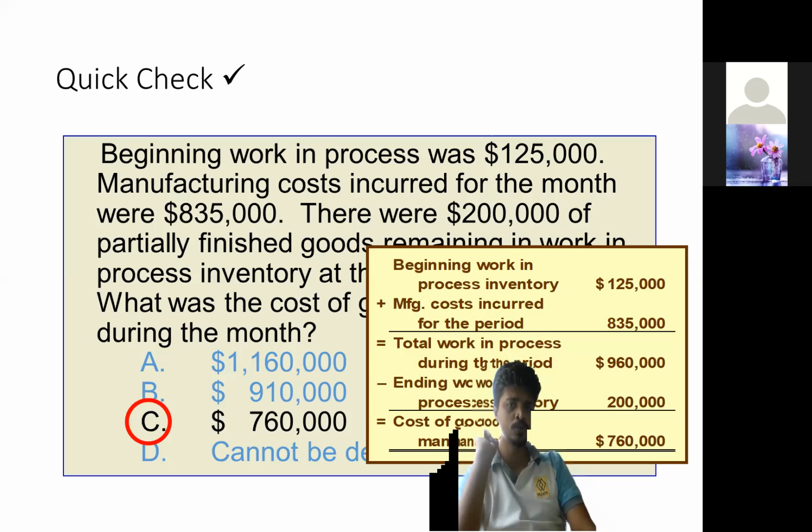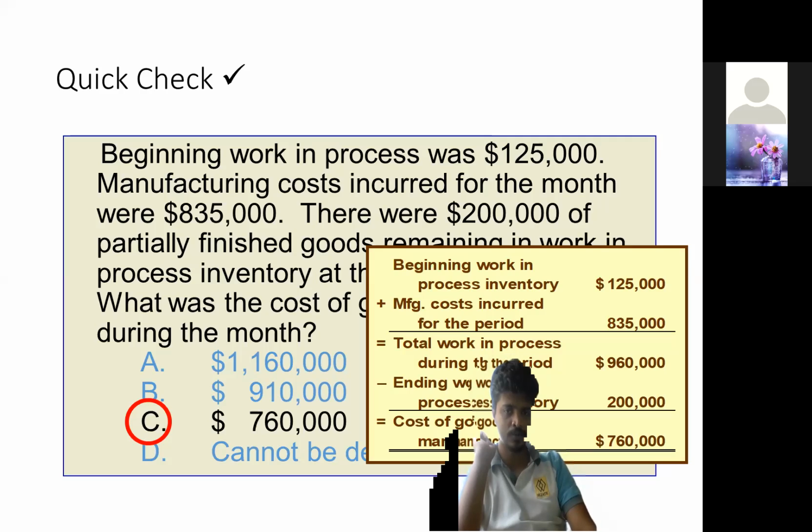Then what we need to do? We need to add beginning work in progress inventory 125 to manufacturing cost 835. Then we need to deduct closing inventory.